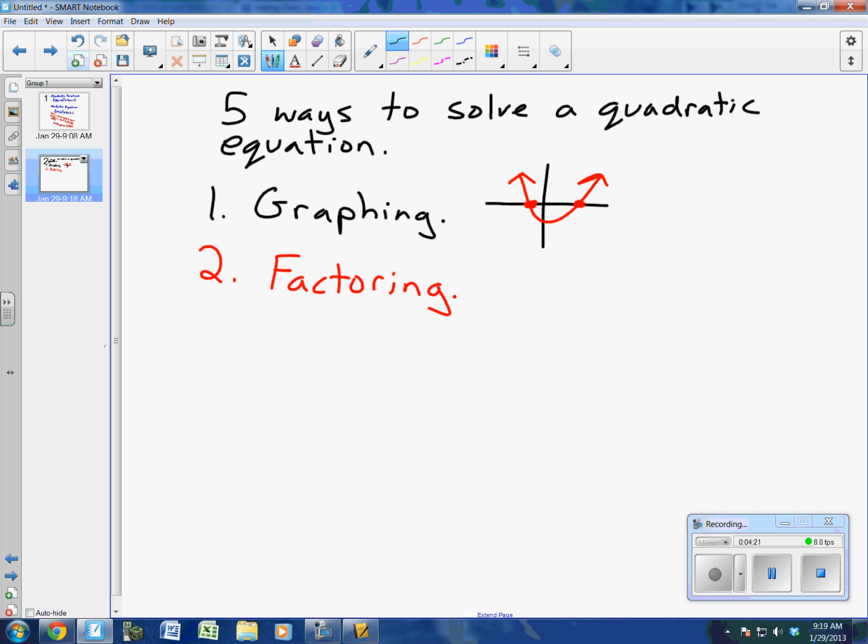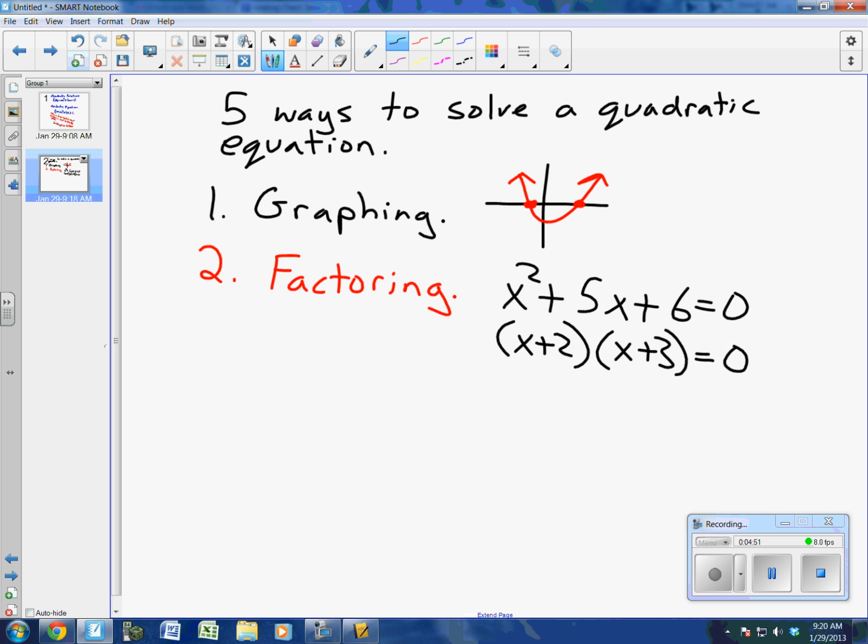For example, if I had x squared plus, let's say, 5x plus 6 equals 0, what does that factor to be? Okay, 2 and 3, 2 times 3 is 6, and 2 plus 3 is 5, right? So that factors to x plus 2 times x plus 3.